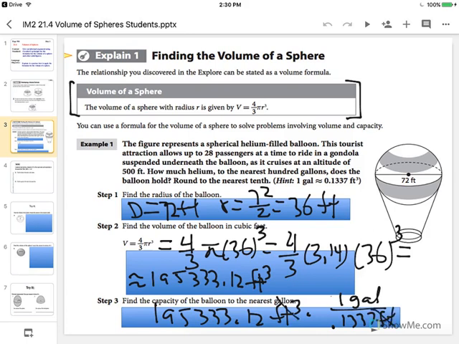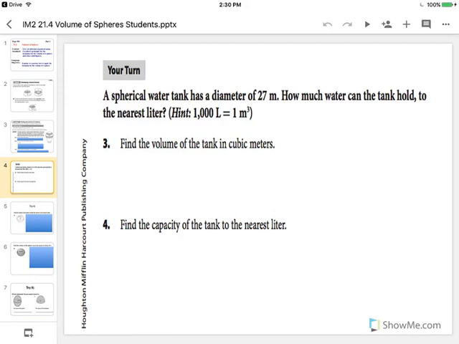So the cubic feet cancel out, and that will give us our gallons. So they give us 146,098.7 gallons.